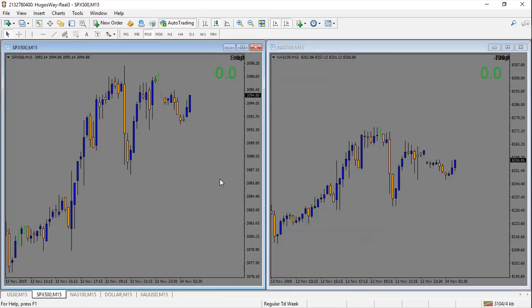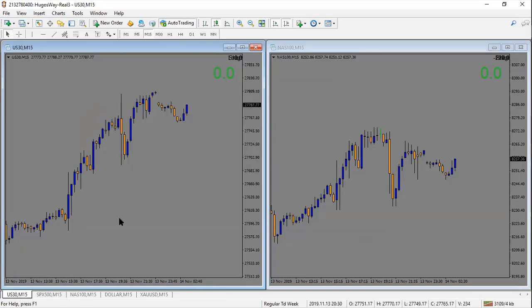SPS 500 on the 15-minute and NAS 100 on the 15-minute. Does anyone see anything peculiar about both of these charts right now? They look the same. They look exactly the same because they move together. Let's look at US30. Does that look the same? For the most part?